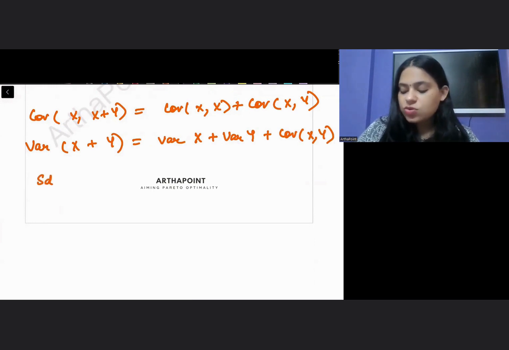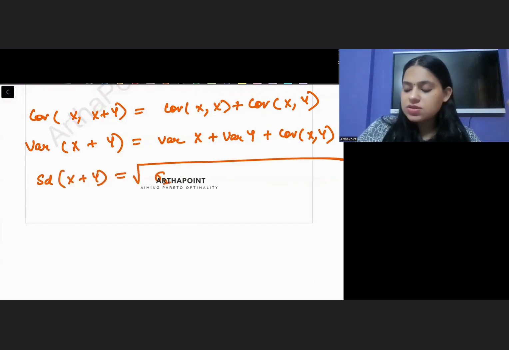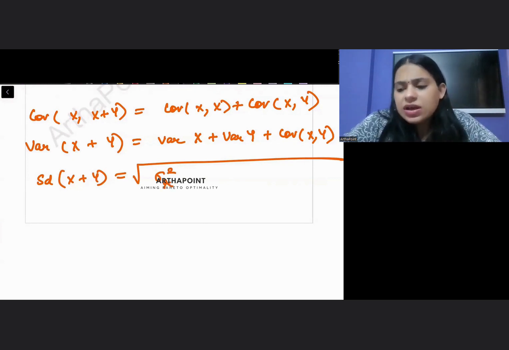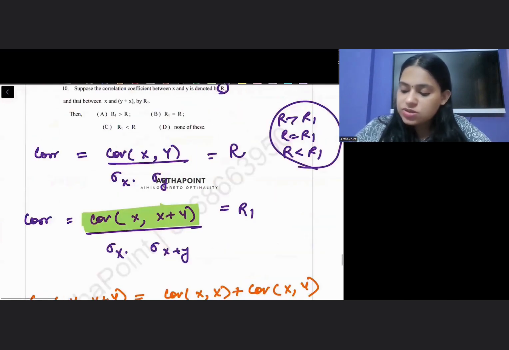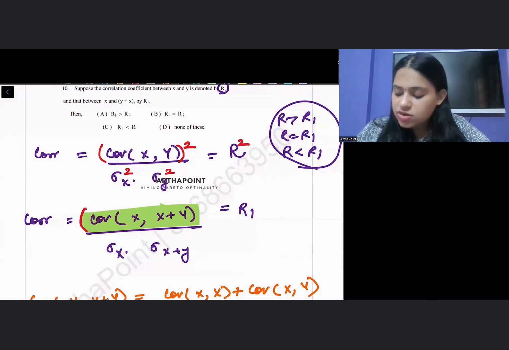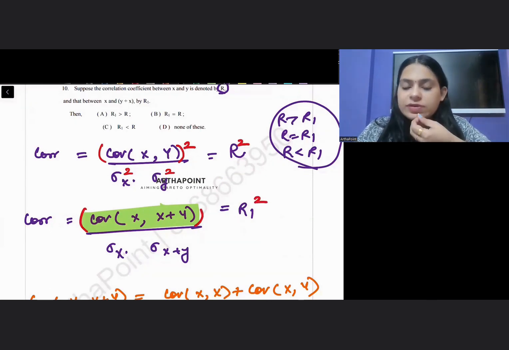So if I ask what is going to be the standard deviation of X plus Y, it is going to be the under root of this: sigma square X plus sigma square Y. If you want, you can just play around with R square also. That is going to make things easier for you, and that's also fine for me to handle. So what you can do is put a square everywhere, and try to see how this works out in this case, right?